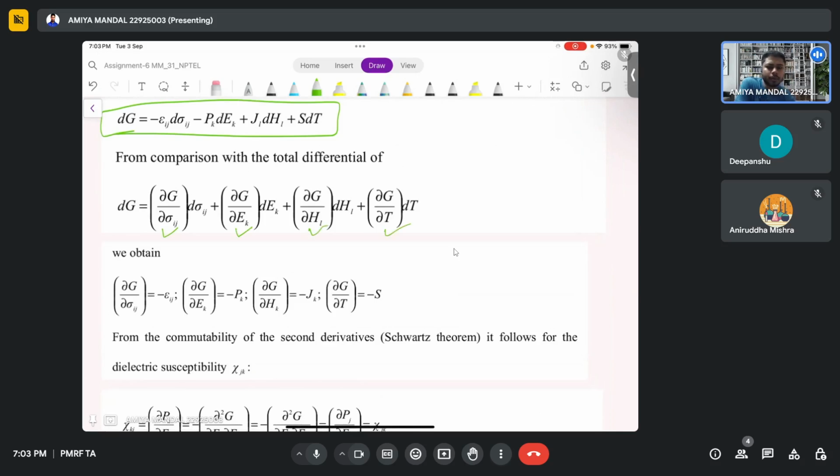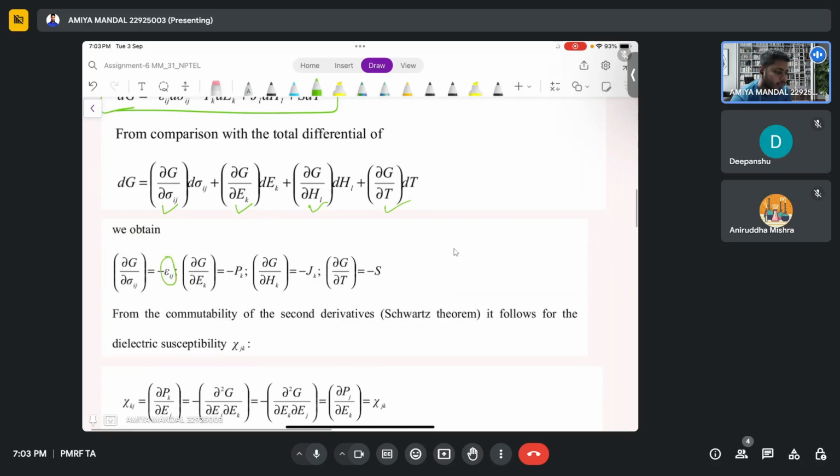This is a simple partial derivative of its dependency on different parameters. From this, you can easily calculate epsilon_ij.